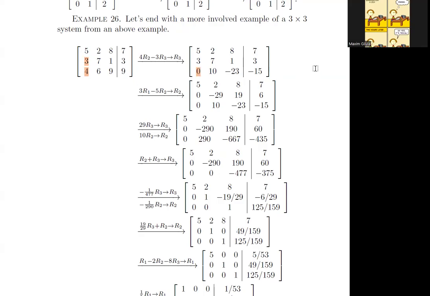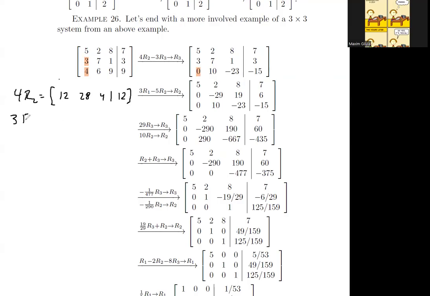So I can have a 0 in the bottom row in the first column if I do 4 row 2 minus 3 row 3. So 4 row 2 is 12, 28, 4, and 12.